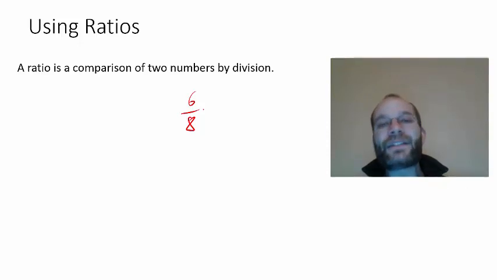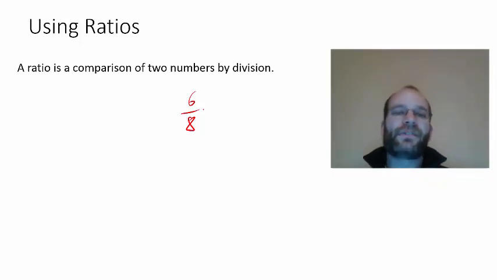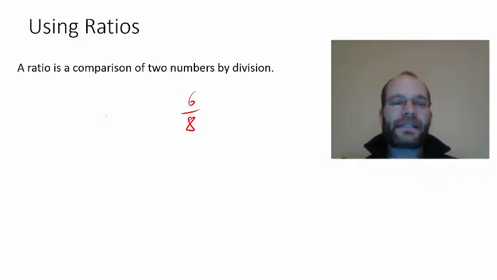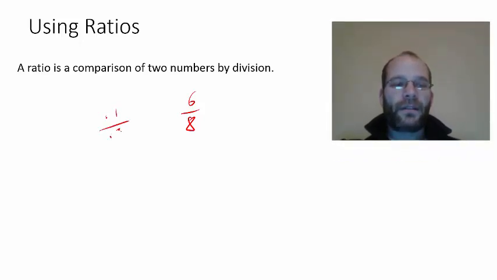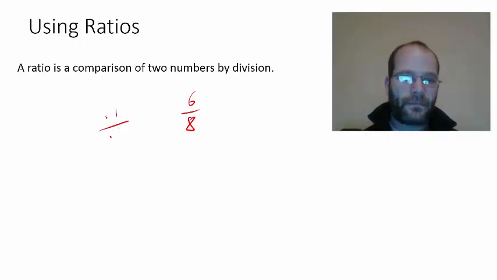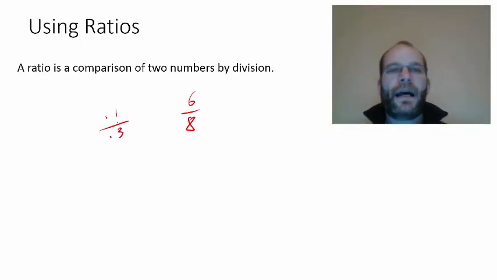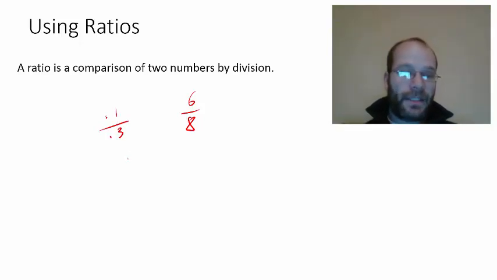I can compare any two kinds of numbers with a ratio. So for instance, I could compare decimals, 0.1 and 0.3. I can compare fractions actually with a ratio. This may look a little bit strange, but suppose we had 1/4 compared to 1/2.